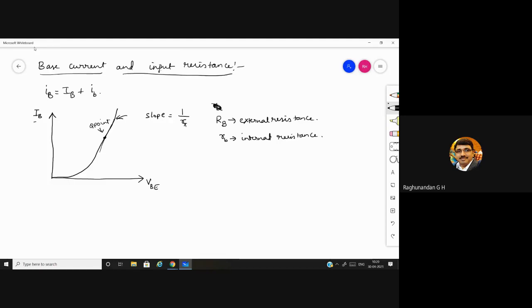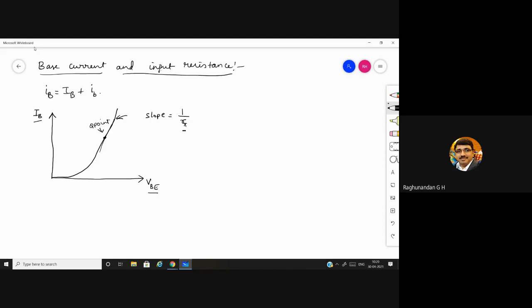In this graph, these two are capital because these two parameters are used in fixing the Q point, but the resistance is the internal characteristic of the transistor. That's why it is a small letter. If you understand each and every point, it will look very easy for you.